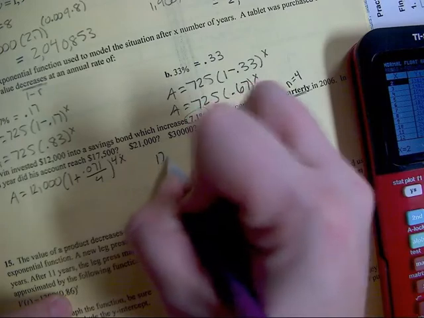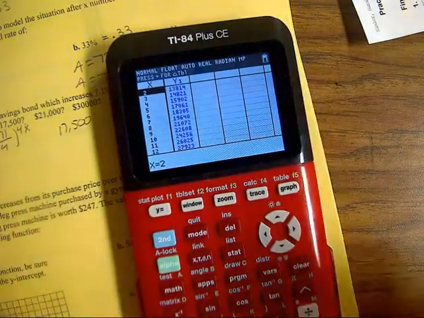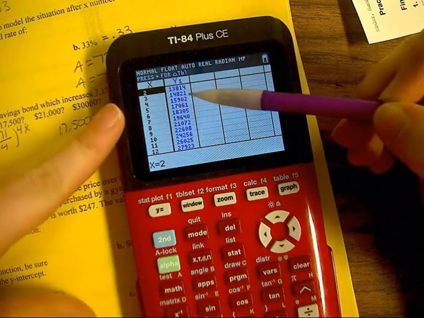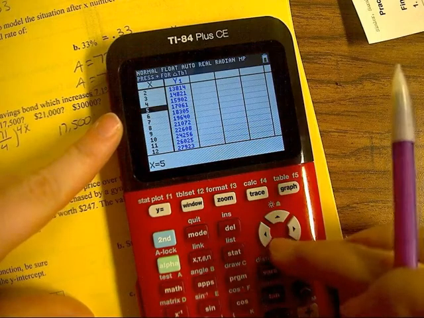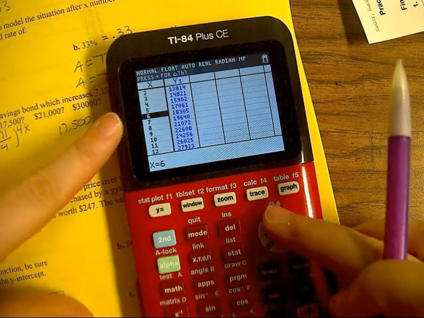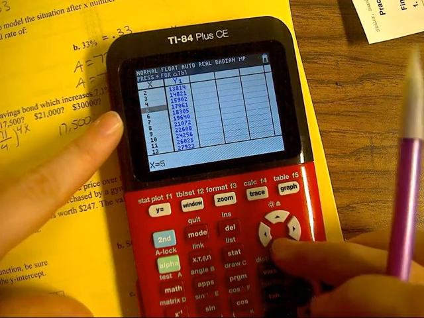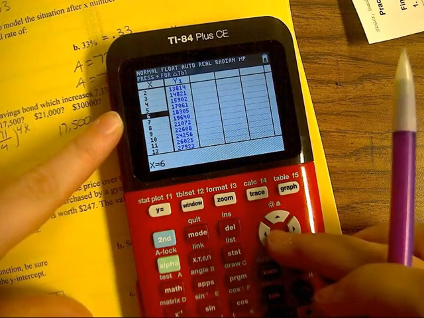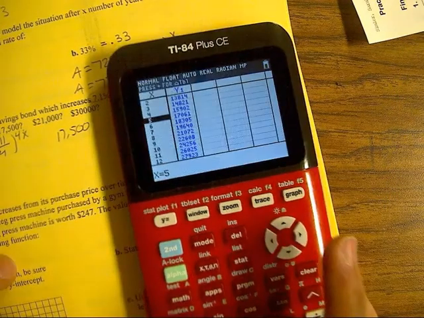So when we look in our y column over here, 17,500 looks like it's happening in between year 5 and year 6. So the beginning of year 5 is just 17,000, but beginning of year 6 it has already passed the 17,500. So we know it's going to happen in year 5.